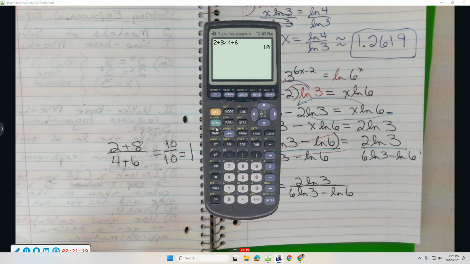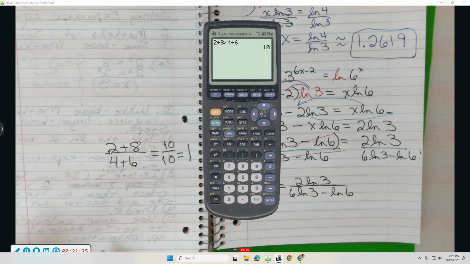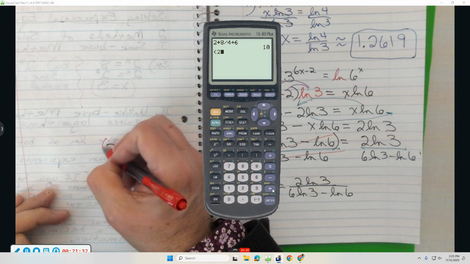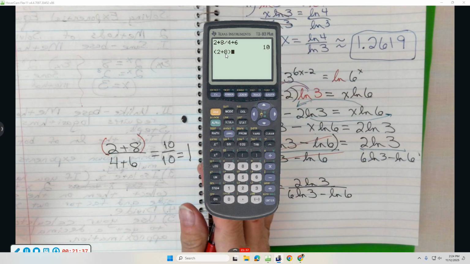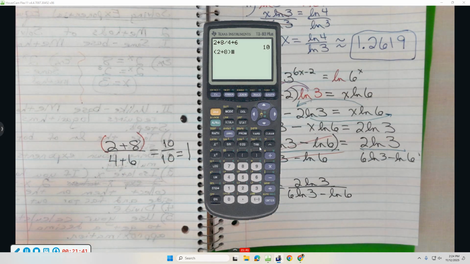You have to override that built-in order of operations. When you're simplifying this, what do you do first? So you have to treat that like it's in parentheses. Add the top. You want it to simplify the top, and then add the bottom.